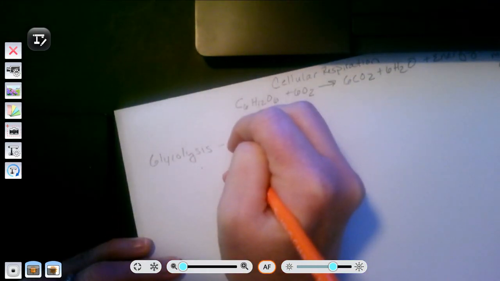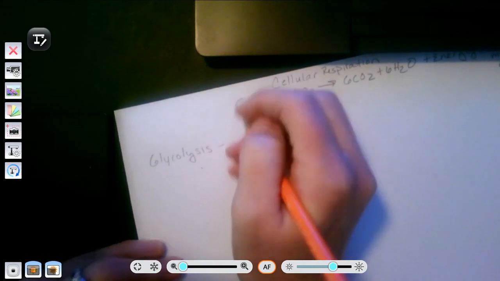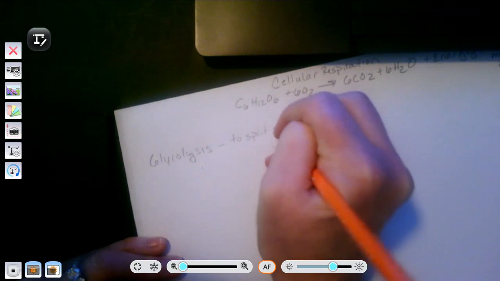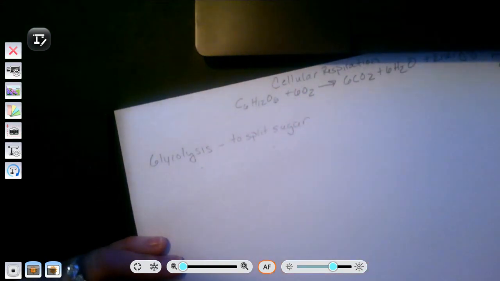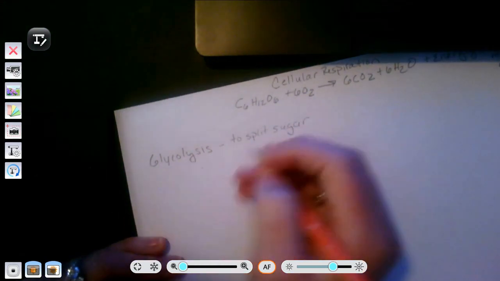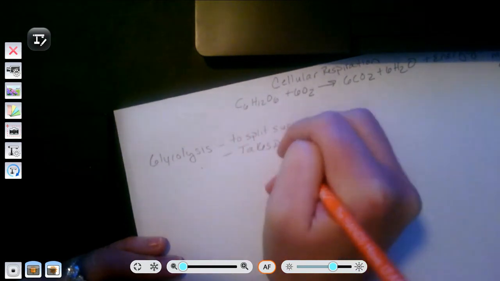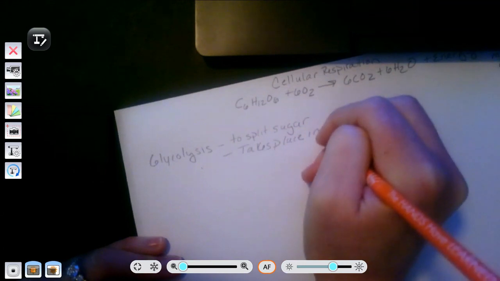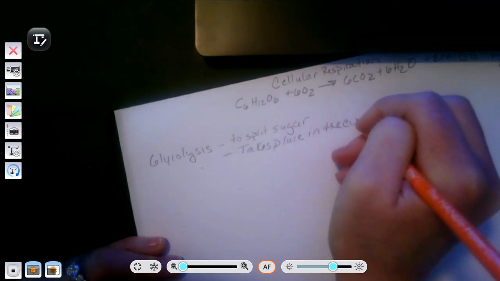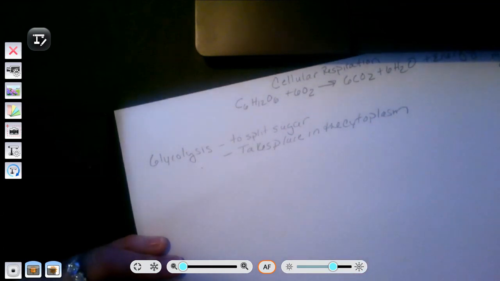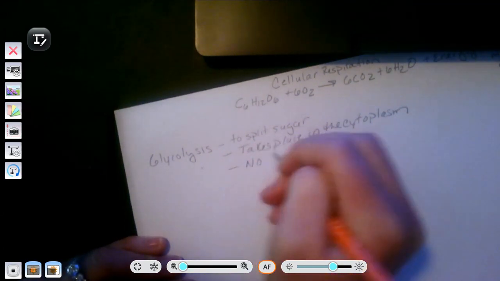Glycolysis means to split sugar. It takes place in the cytoplasm, and no oxygen is required.